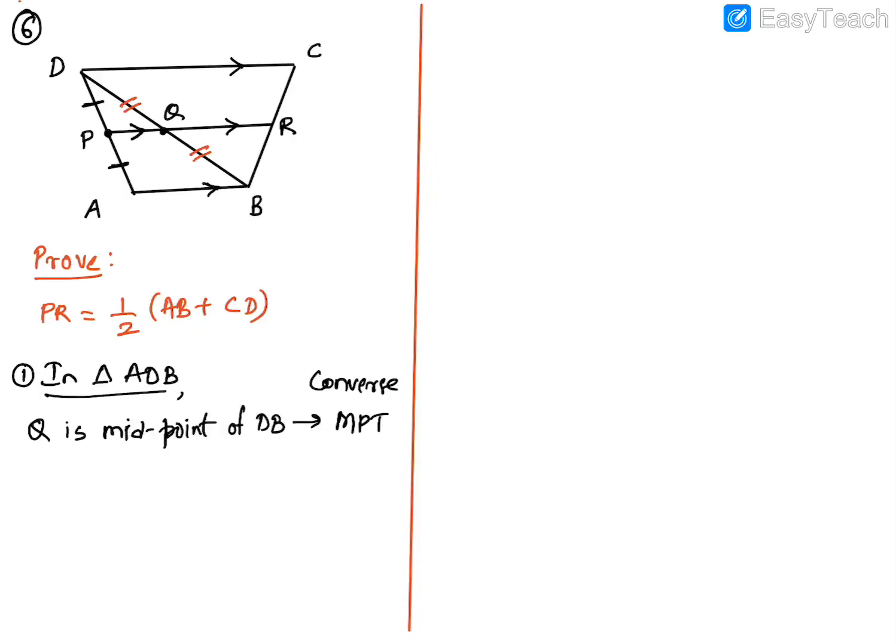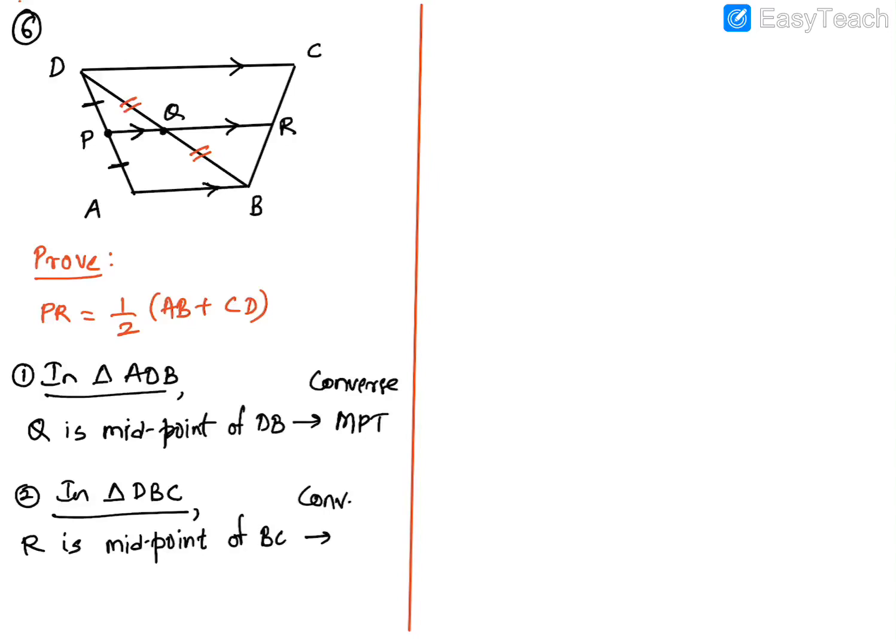Now in triangle DBC, we are taking the next triangle. See the inverted triangle number 2. In triangle DBC, I can say that R is the midpoint of BC. Now how can you say R is a midpoint of BC?